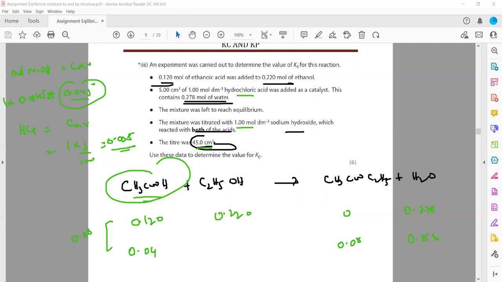The ratio is 1:1, so 0.08 of ethanol will also be used up. So how many moles are left at equilibrium? That is 0.140. So these are the moles at equilibrium. We substitute them in the expression for Kc to get the value for Kc. So using sodium hydroxide, we got the moles, and using the moles of HCl, we got the moles of ethanoic acid.